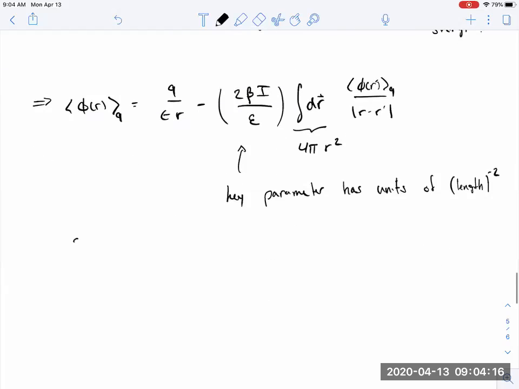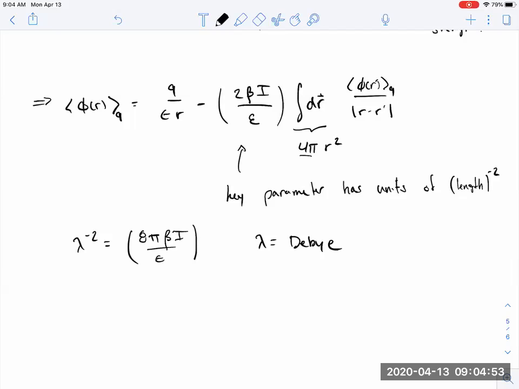So let's actually define a length scale, call it lambda, which is including that factor of 4 pi, so we have 8 pi beta I over epsilon. That whole quantity has units of length inverse, so if we then say that lambda is a length, this is a length known as the Debye screening length.